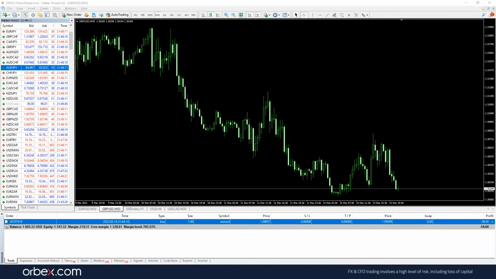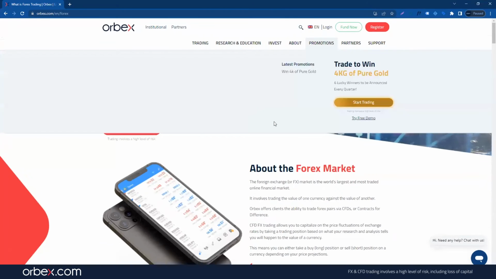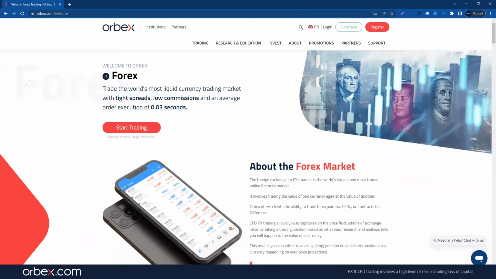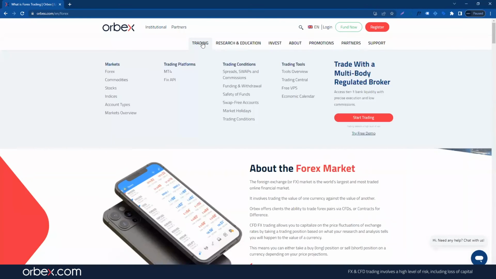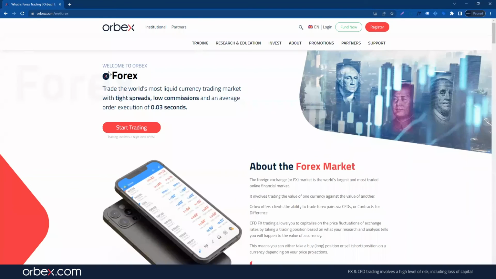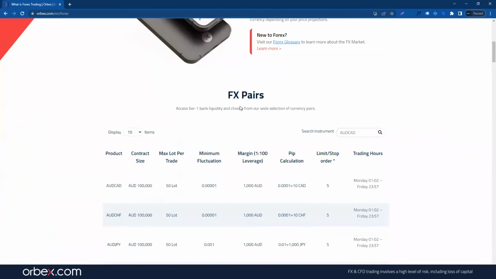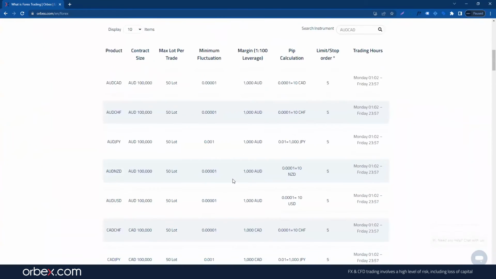So what I wanted to show you now is, just quickly on our website as well, just put it onto the big screen. If you go onto our website at orbex.com, go to trading and go to Forex, scroll down and you'll see all the FX pairs displayed on our website.